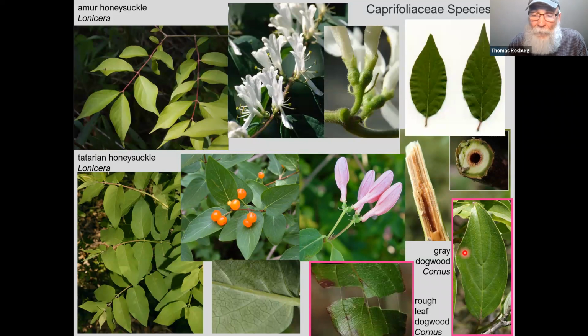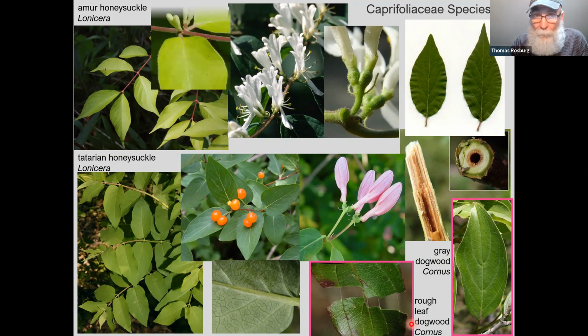Now I put this leaf on here because I thought one plant that you can possibly confuse honeysuckle with is dogwoods. So again, in the pink border are two examples of dogwoods. Now in honeysuckle, the venation is different than in dogwoods. This is just a picture of the hairiness that's present on an Amur honeysuckle.